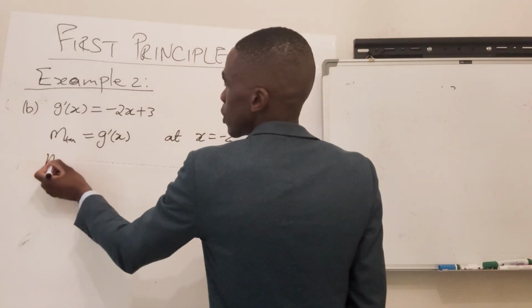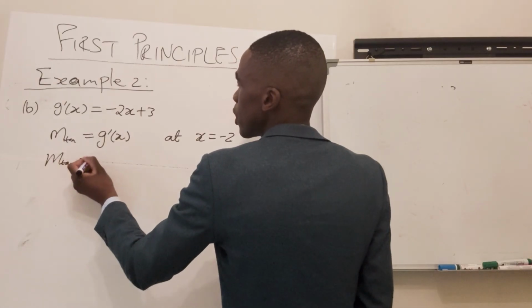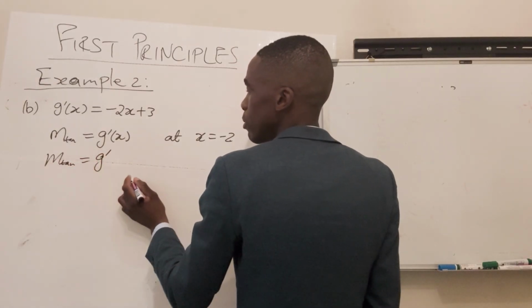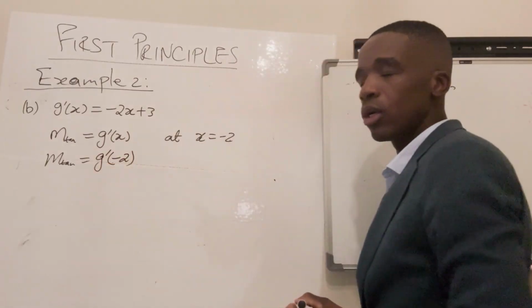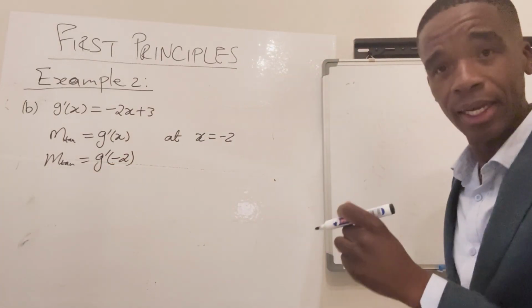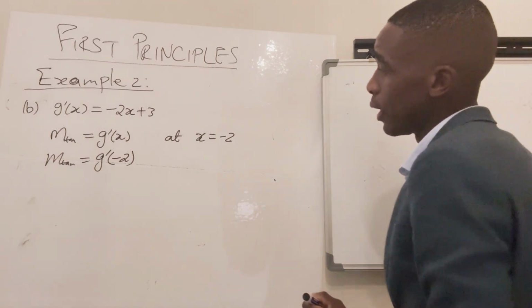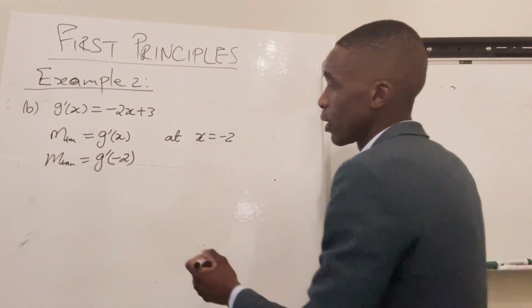So that gradient of that tangent is actually g prime when x is minus 2. That is the gradient of the tangent. And that would then become the following.